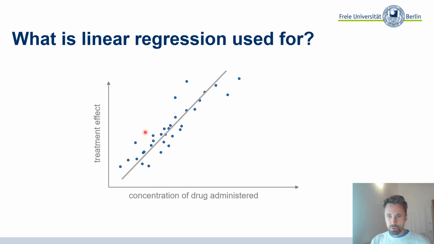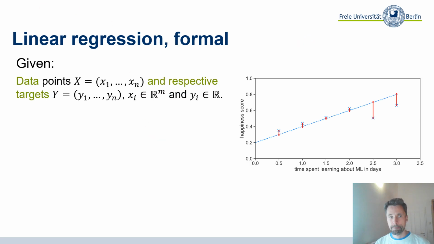Linear regression is a well-known method in statistics. We'll not look into that too much. Here in this lecture, we want to focus on how we can obtain the parameters of this model given the data that we have. So formally, we are given a set X again, which is the set of all data points x1 through xn, and again, they live in an m-dimensional vector space.